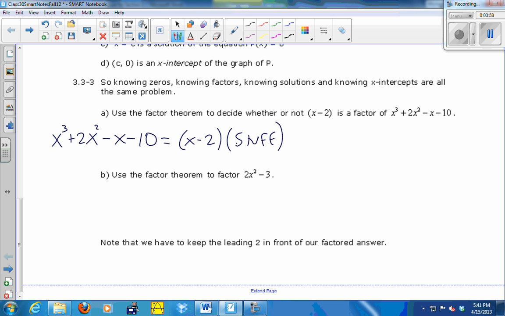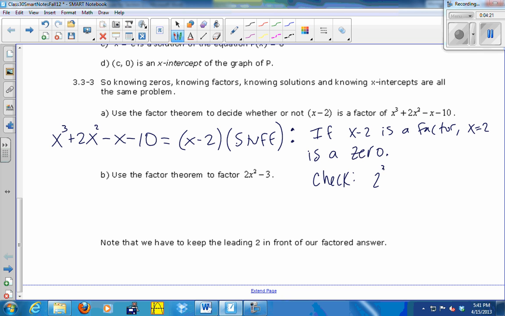Okay, so if x minus 2 is a factor, x equals 2 is a 0. So we check. Do 2 cubed plus 2 times 2 squared minus 2 minus 10.